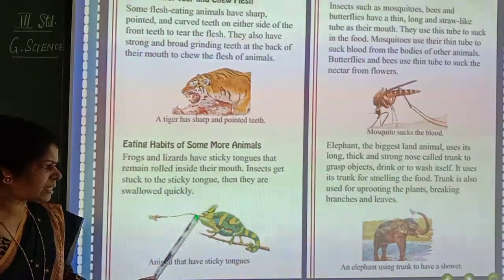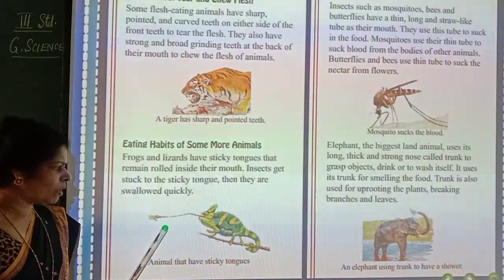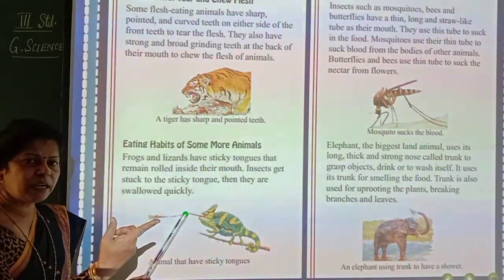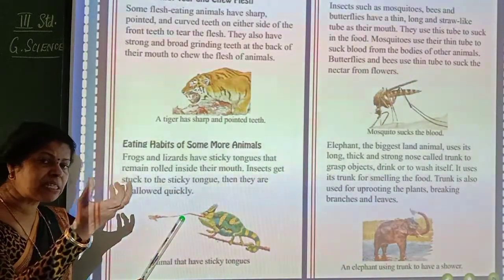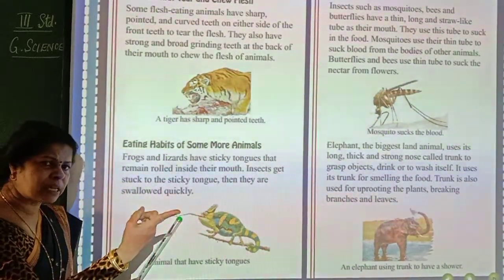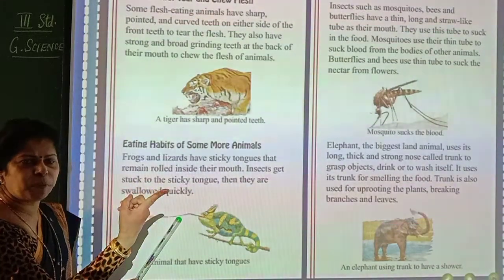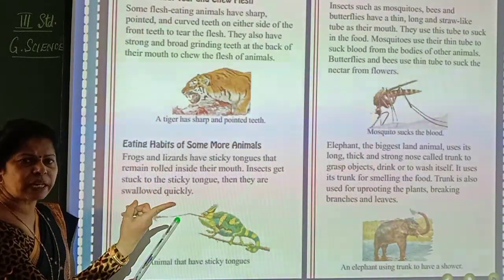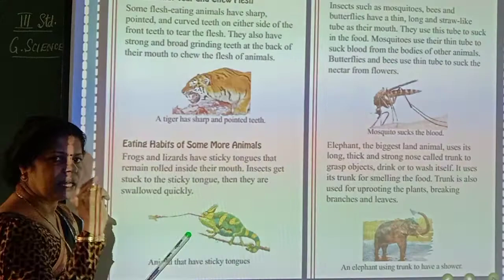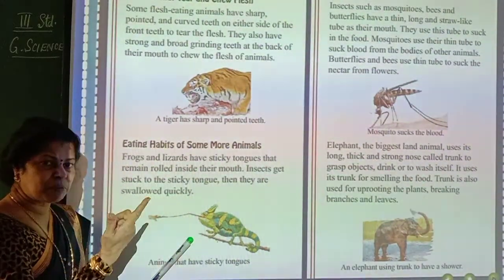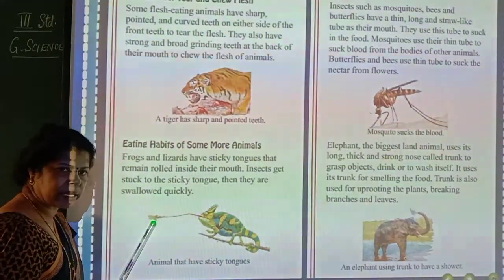So when it sees an insect or its prey, what does it do? It opens the tongue, and the tongue has a sticky fluid. When it opens the tongue, it will be rolled like this, it will open like this. As it is already sticky and it becomes long, it will reach the insect. And what happens?